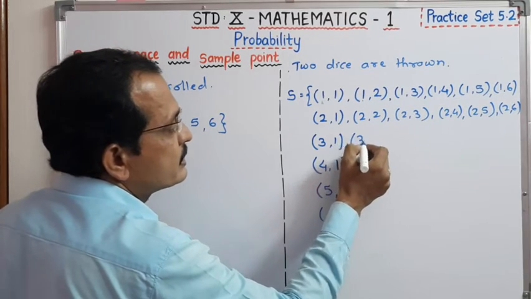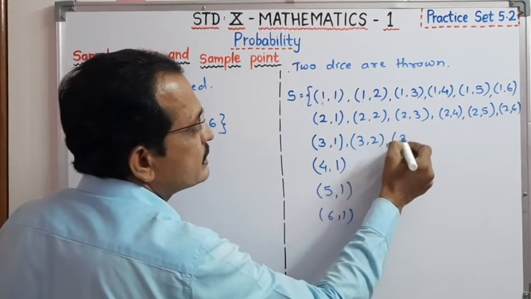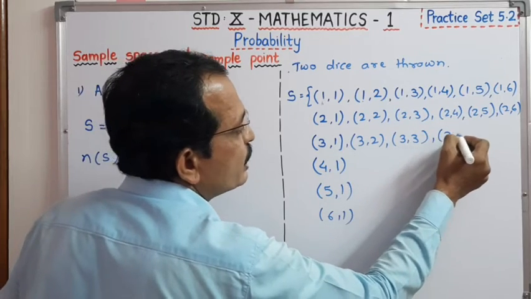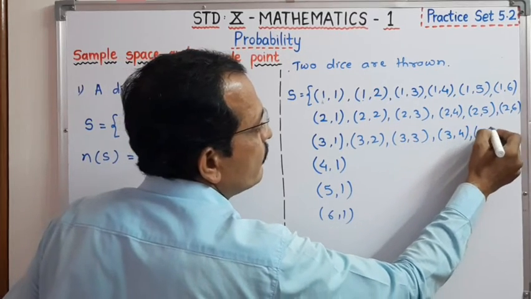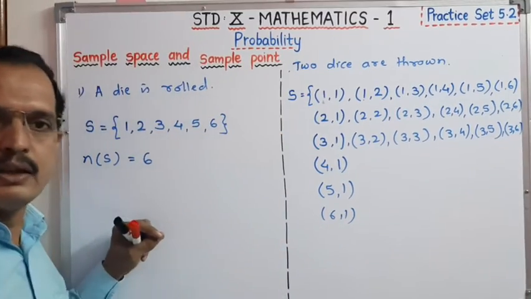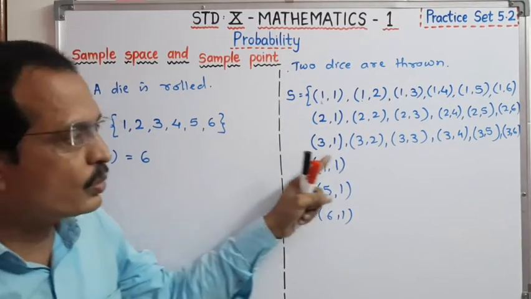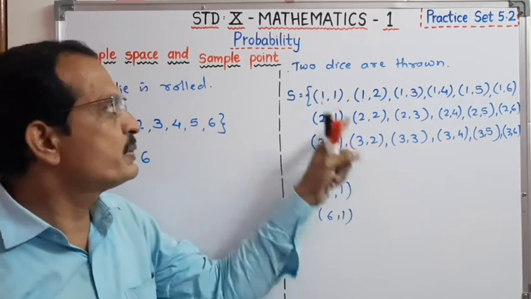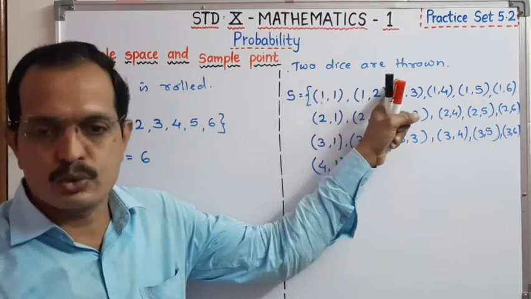Then here (3,2), (3,3), (3,4), (3,5), (3,6). Like this, I think you can understand how to write the sample space for 2 dice thrown.